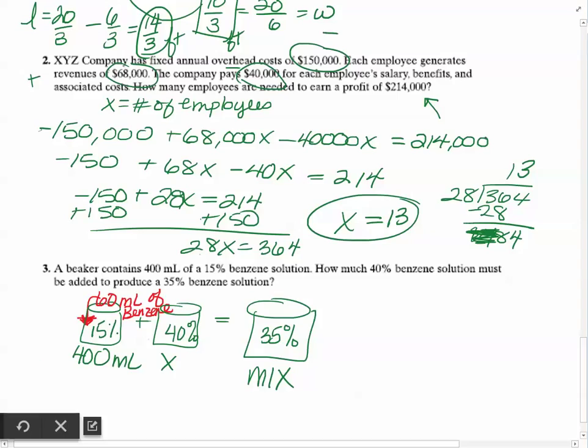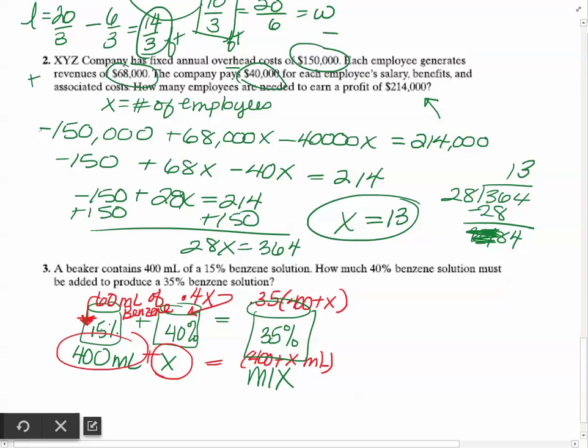Now, if we have X amount of 40% solution, then 0.4 times X will be how much benzene is in there. Okay. Now, they didn't tell us how much of the 35% solution we have, but actually we do know. We know that this is going to be 400 plus X milliliters, because we're mixing these two together. So just adding them together. So the amount of benzene that we're going to have is 0.35 times that amount.